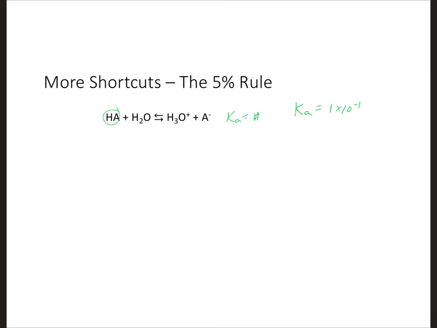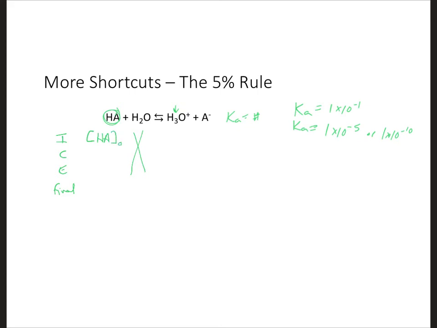But if instead we have a really small Ka value, 1 times 10 to the minus 5, or 1 times 10 to the minus 10, then almost none of this HA turned into H3O+.